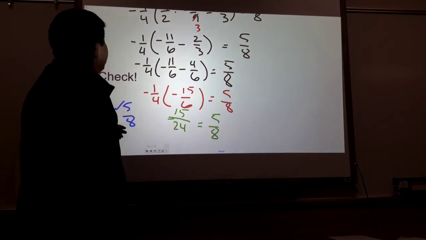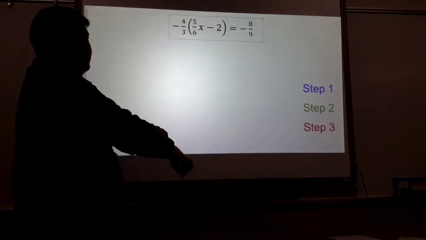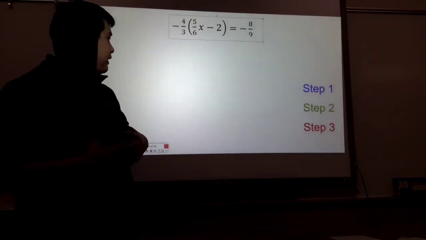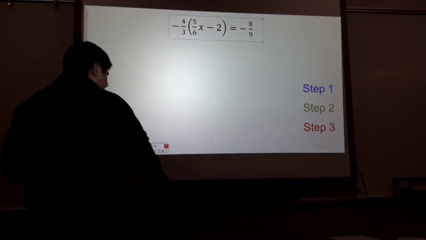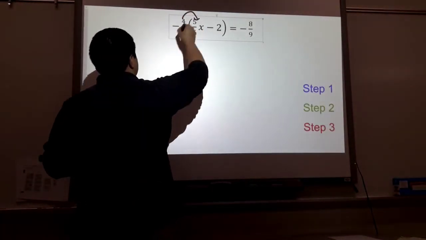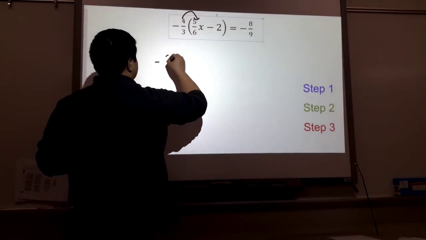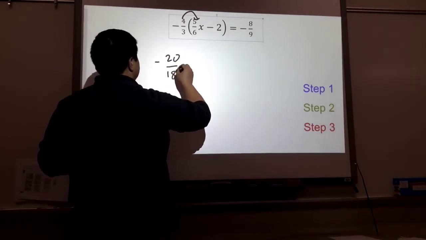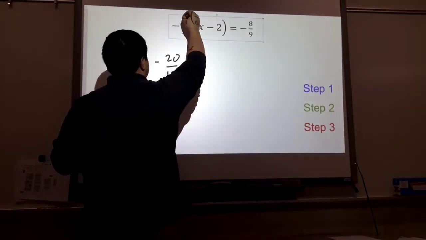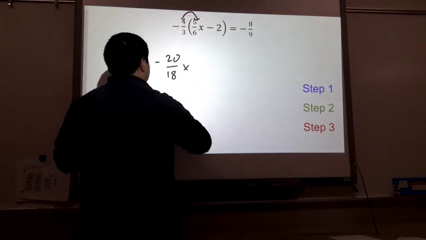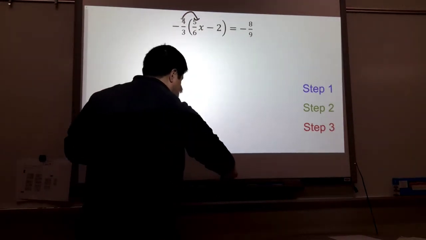Okay. Our next one, again, we need to simplify this. So we're going to distribute. When we distribute, we get negative 20 over 18 x. I'm going to distribute this again, excuse me, that will all be done in blue, because this is step 1.